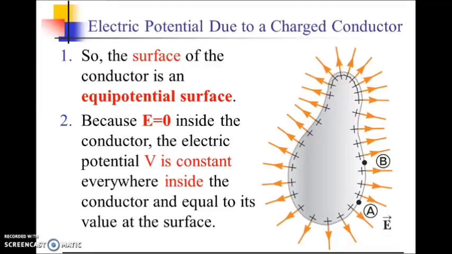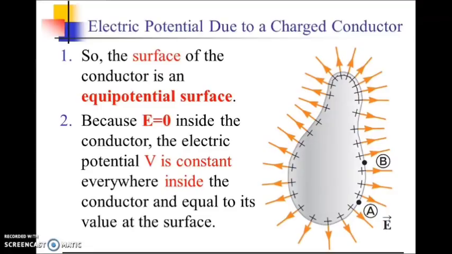Okay. Well, what about the electric potential inside the conductor? We already said that the electric field inside the conductor is equal to 0. So if you work out exactly the same integral as before, you will get the difference in potential between any 2 points within the conductor equal to 0 again. But now it is equal to 0 because the electric field is equal to 0.